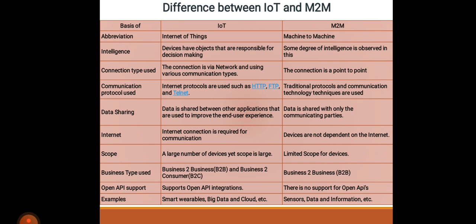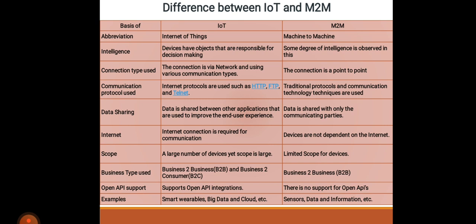In M2M, data is shared with only the communicating parties. Then internet in IoT: an internet connection is required for the communication. In M2M, devices are not dependent on the internet. Then the scope of IoT is a large number of devices, so the scope is large. In M2M, there is limited scope for the devices.